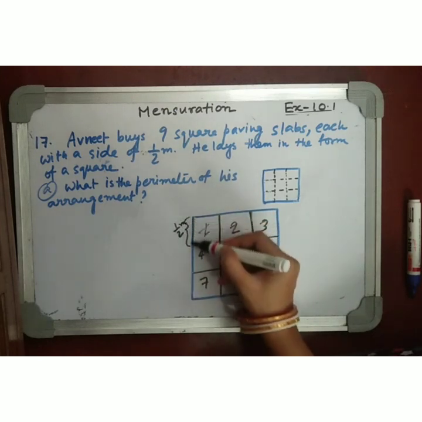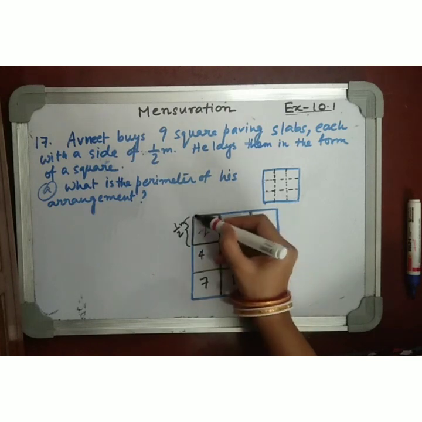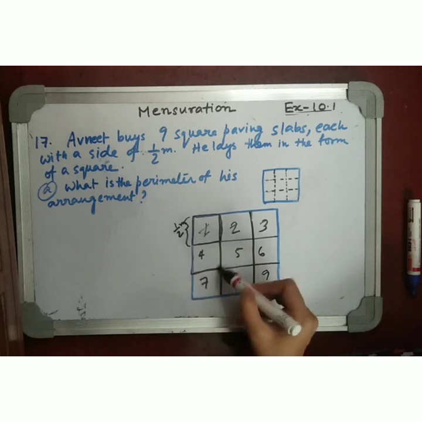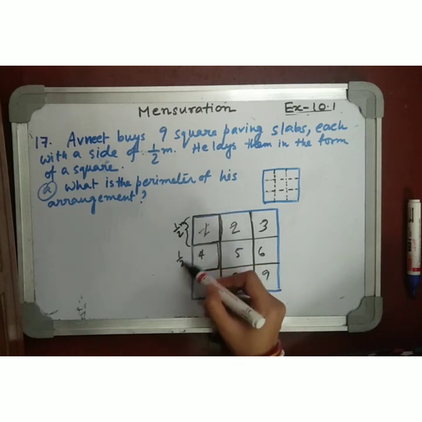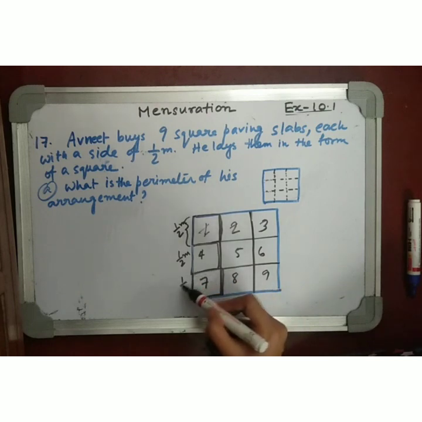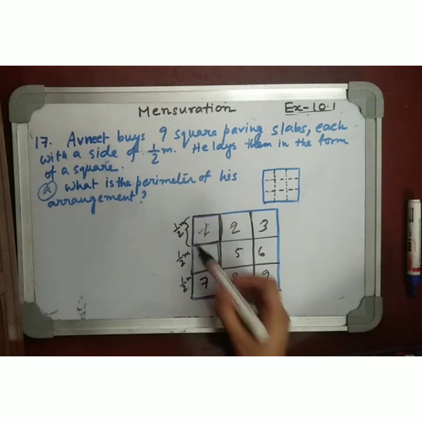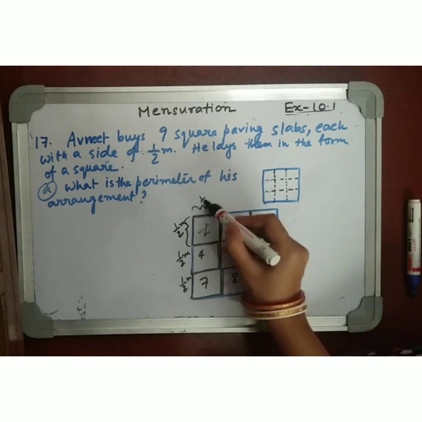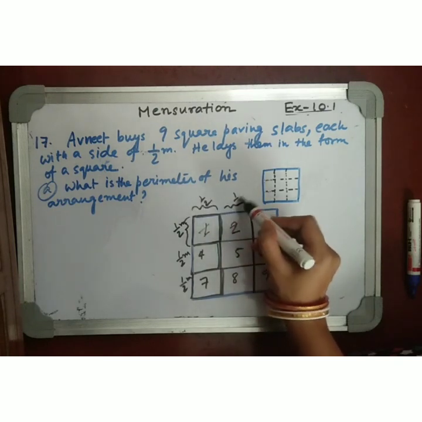It means for this square, each of its lengths is half meter. For this square, each of its lengths was half meter. For being squares, this one is also half meter, this one is also half meter.